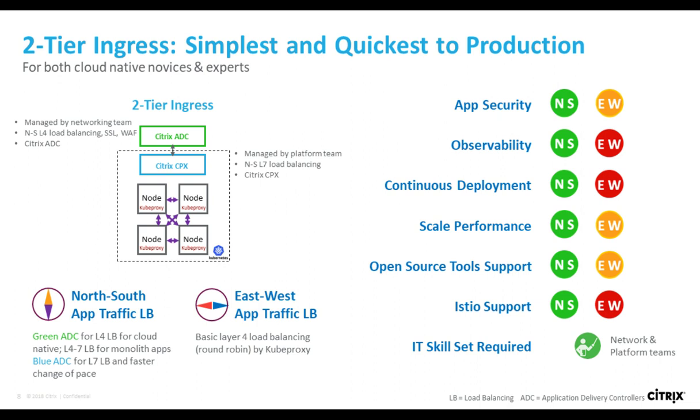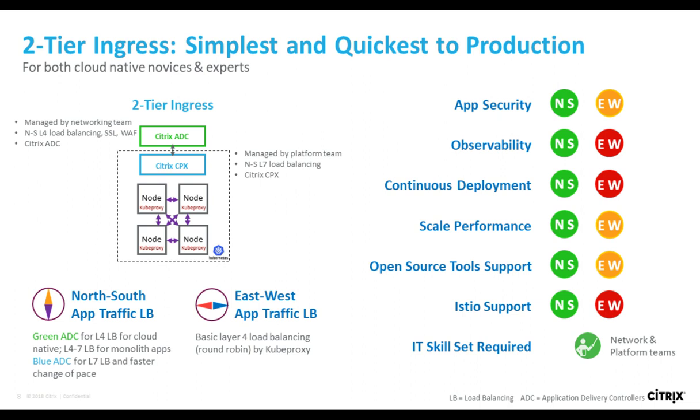For east-west traffic, each Kubernetes node has a layer 4 load balancer, and typically it is kube-proxy, which is open source. The benefit of kube-proxy is that it is simple and open source, but you have to be aware it only does basic layer 4 load balancing.